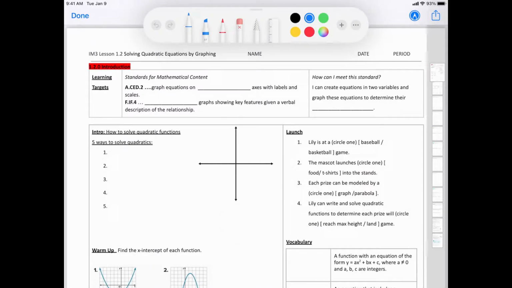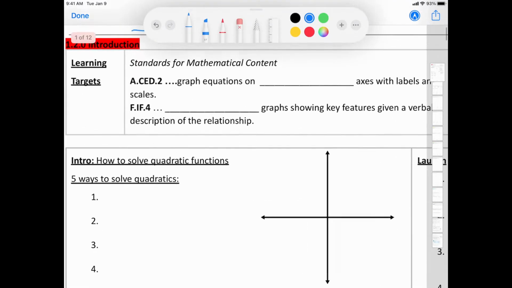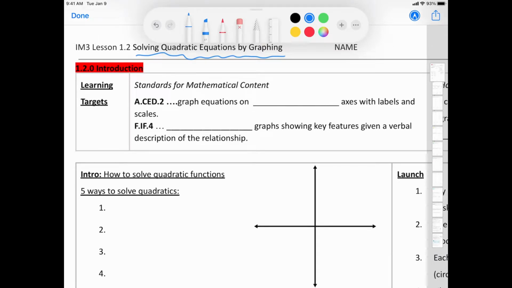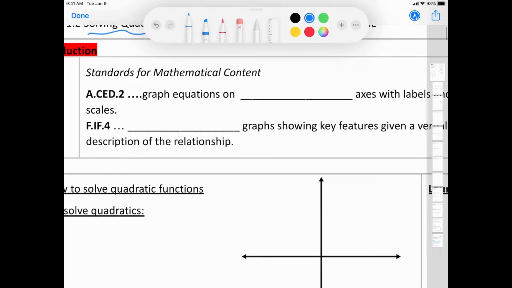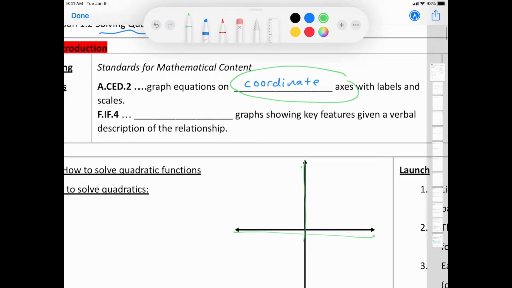Hey guys, let's go over lesson 1.2, solving quadratic equations by graphing. What are our learning targets here? In our Common Core standards, graph equations on coordinate axes, which is just like a coordinate plane, which is this thing down here that I've highlighted in green, with labels and scales.